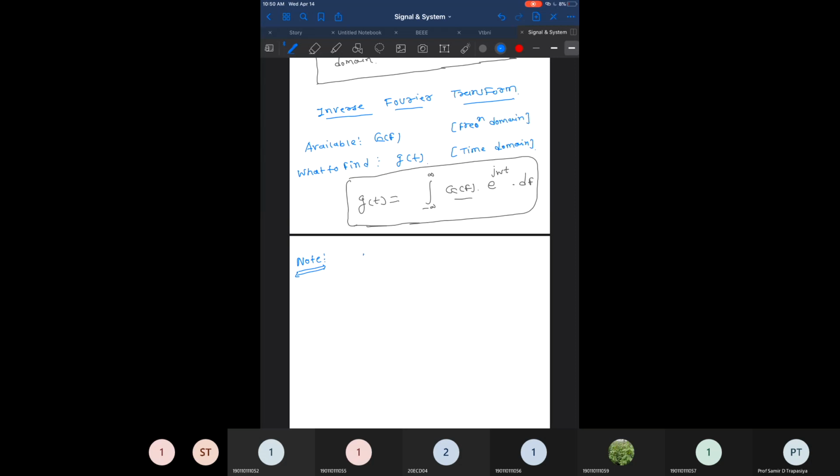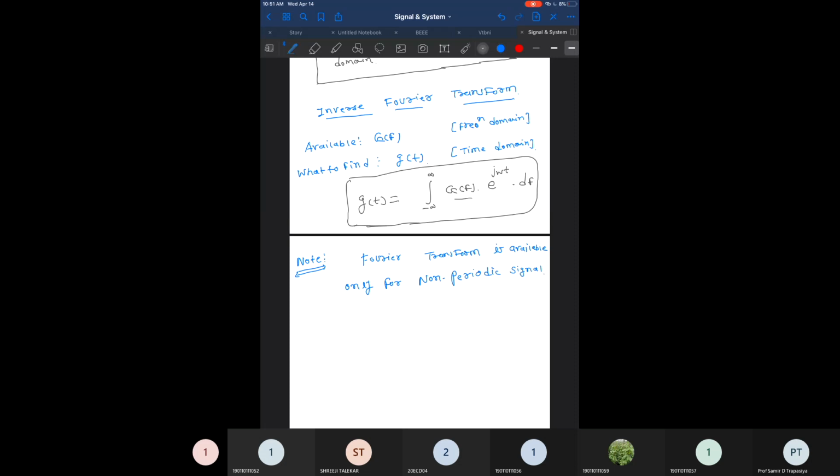that the Fourier transform is available, or it is possible, only for non-periodic signals. So if any signal is periodic in nature, then g of f is not available.